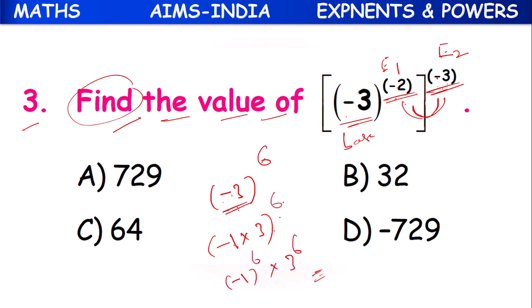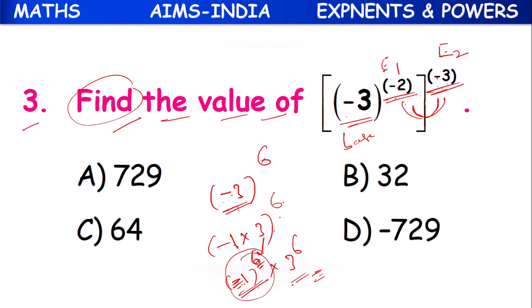Here the exponent is an even number, which means minus 1 is repeatedly multiplied 6 times. If minus 1 is repeated an even number of times, it will become plus 1.